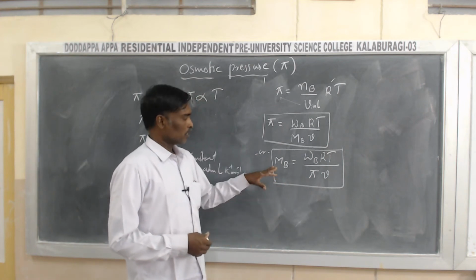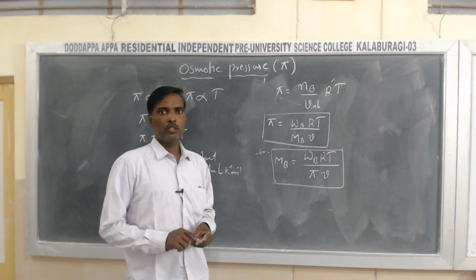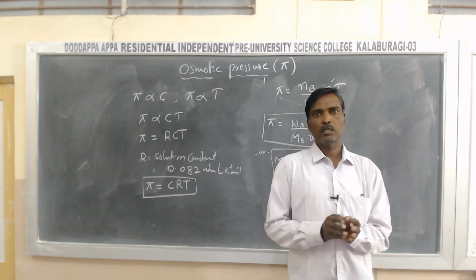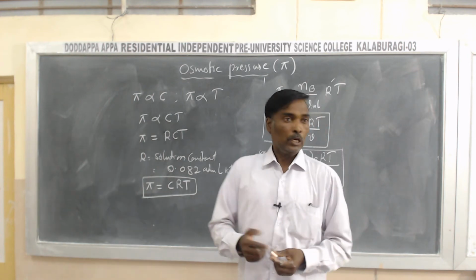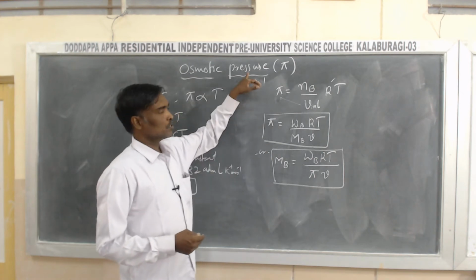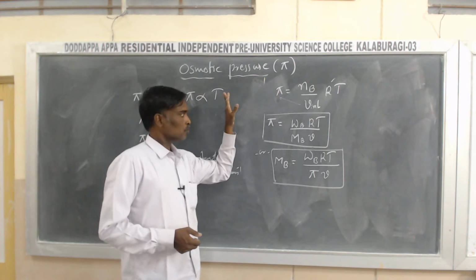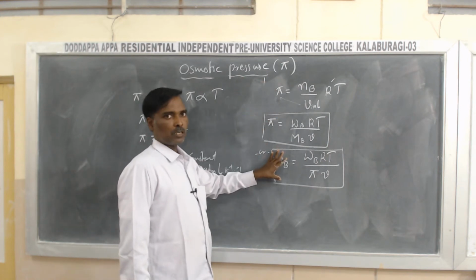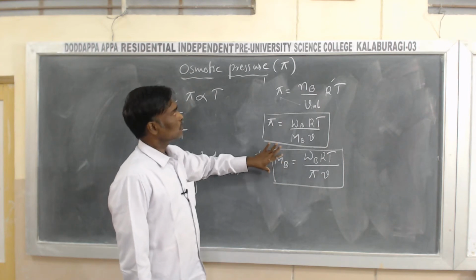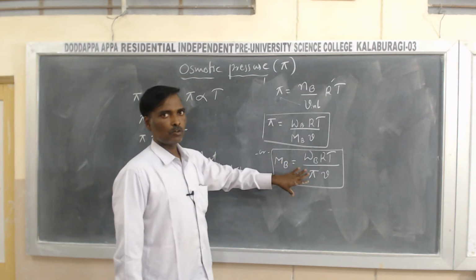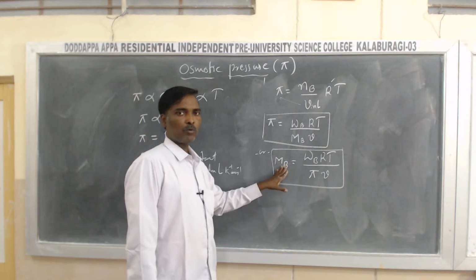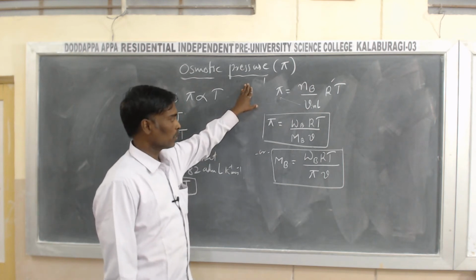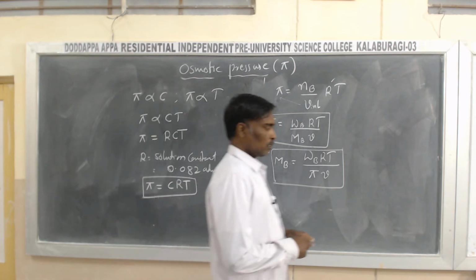This means the solute which we dissolve in the solvent has a very large structure, like polymers and proteins. So osmotic pressure is suitable for solute molecules which are larger in size. For macromolecular solutes dissolved in a solvent, to calculate the macromolecular mass we use osmotic pressure as one of the colligative properties. So that's about osmotic pressure.